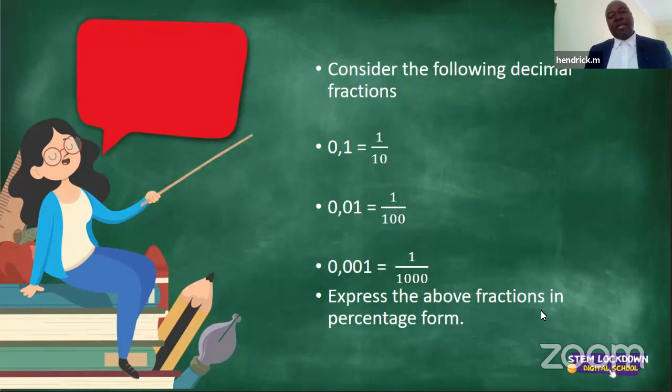Similarly, you have to do the same with the next activity. You've got 1 as the numerator and 1,000 as the denominator. You multiply this fraction by 100, and you'll have 100 in the numerator and 1,000 in the denominator.